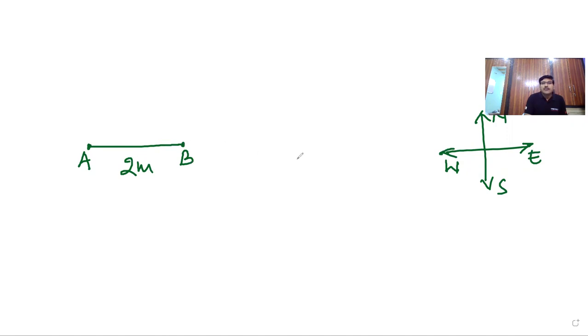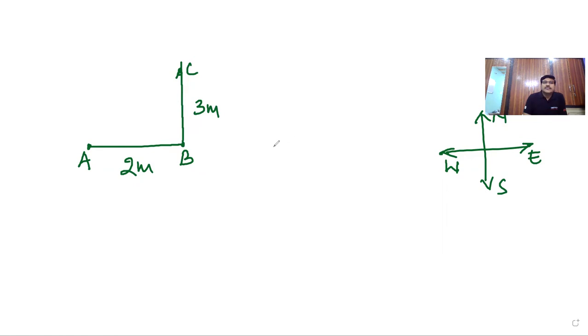Then walks towards north. North is upward, right angles, upward. Walks 3 meters. This is 3 meters. B to C towards upward north 3 meters.